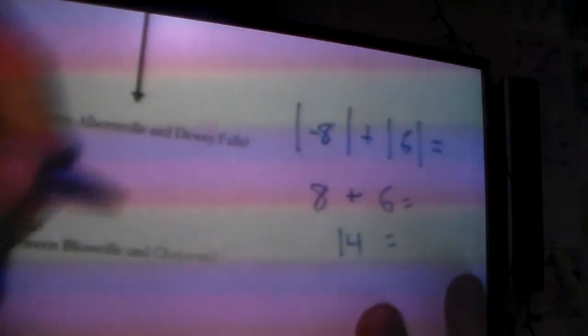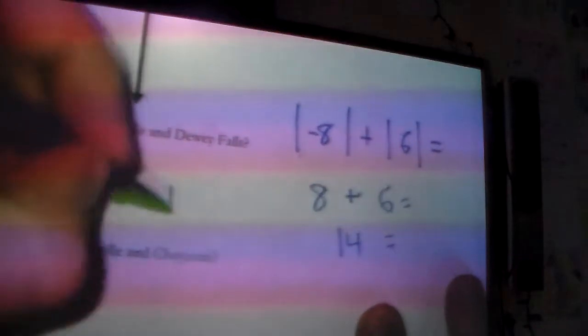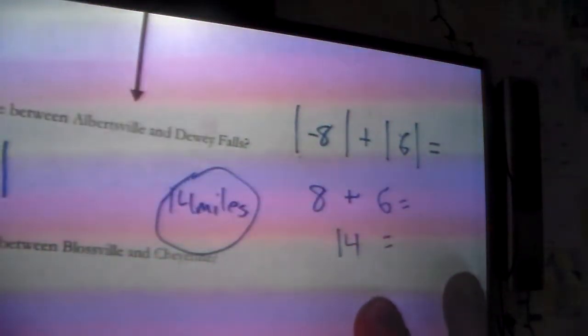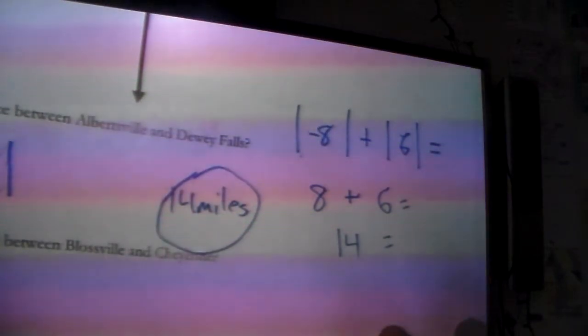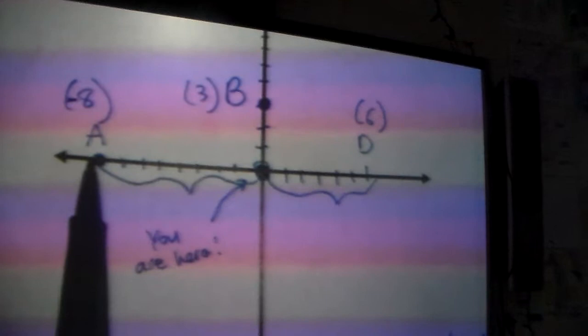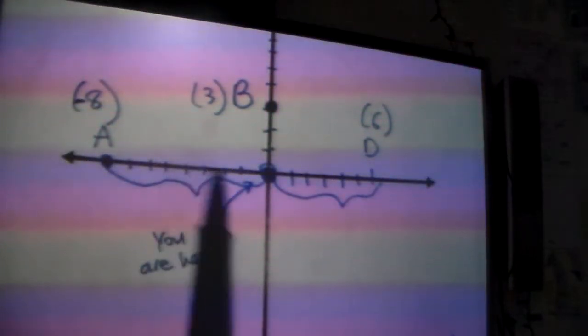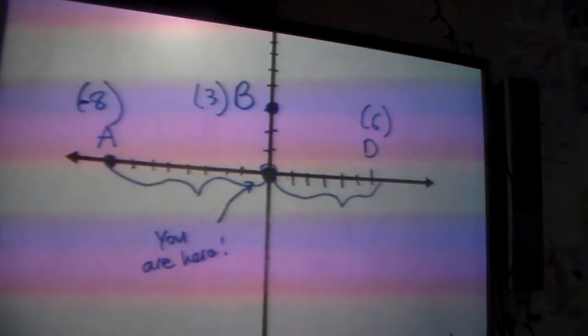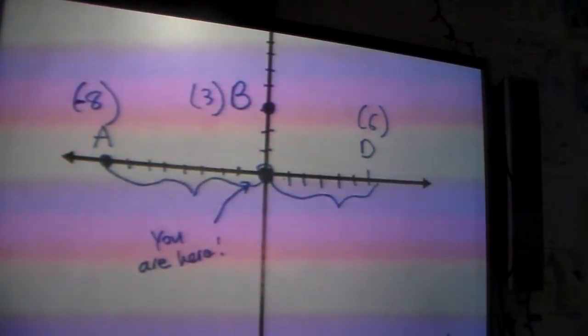What's the absolute value of 6? It's 6. So the final answer here is they are 14 miles apart. We add those two together. And we can go back and use our coordinate plane to prove it. If I count 1, 2, 3, 4, 5, 6, 7, 8, 9, 10, 11, 12, 13, 14, it works out.